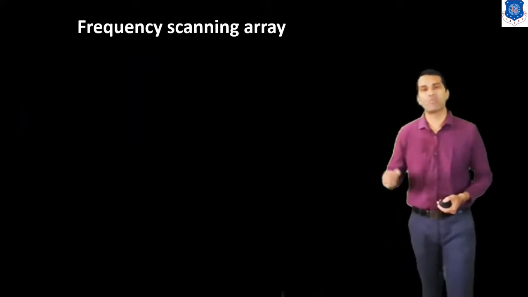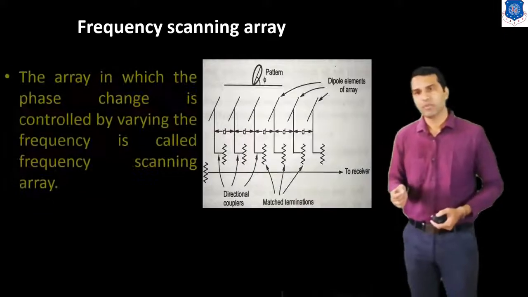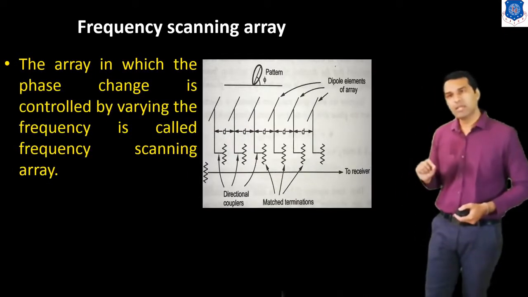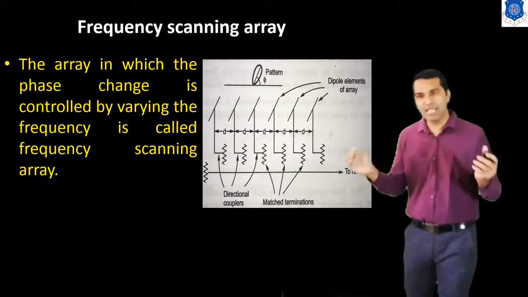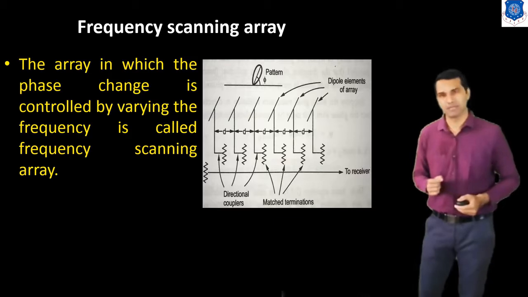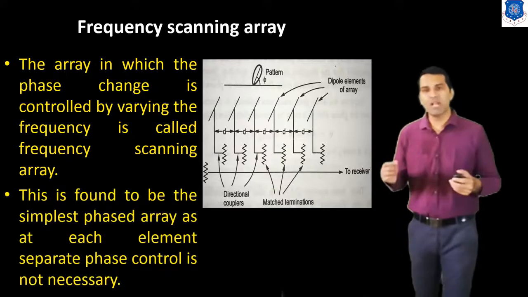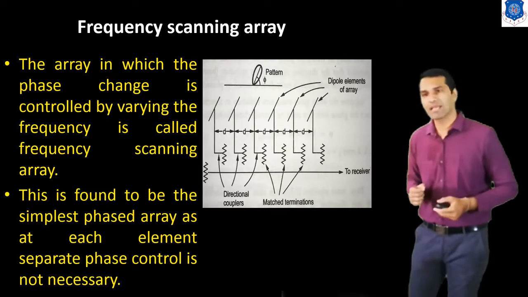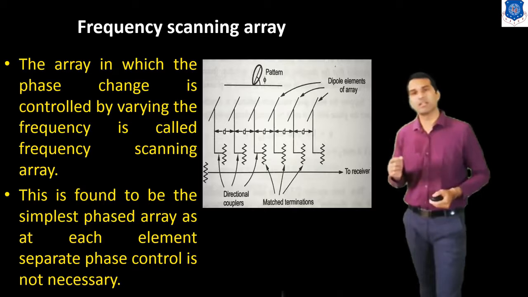Now we discuss the first one, the frequency scanning array. The array in which the phase change is controlled by varying the frequency is called a frequency scanning array. This is found to be the simplest phase array, as separate phase control at each element is not necessary.